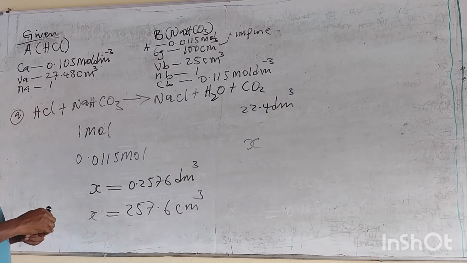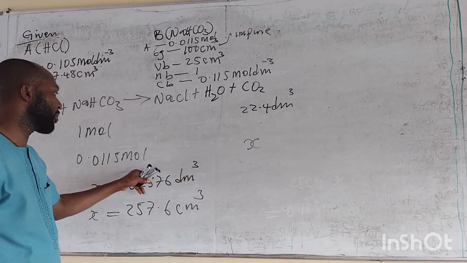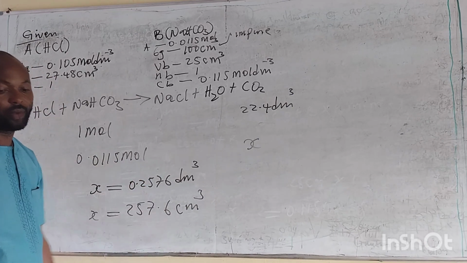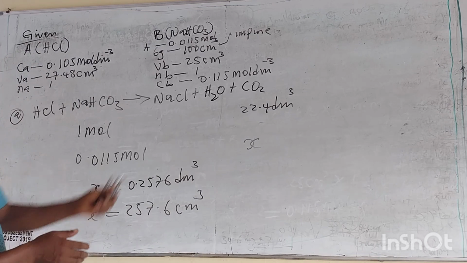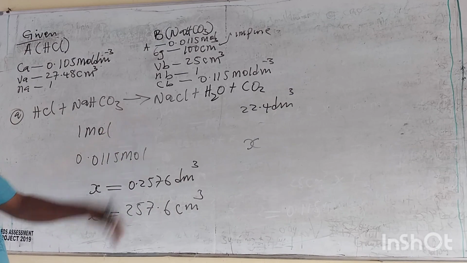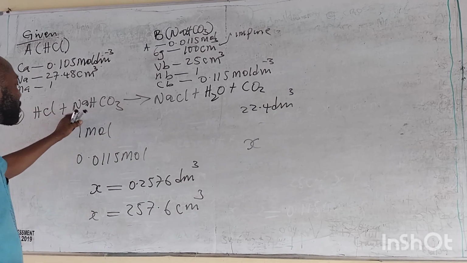So these two answers are correct. This is in dm³ and this is in cm³. That is the volume of the gas, that is the CO2, in 100 cm³ of this.